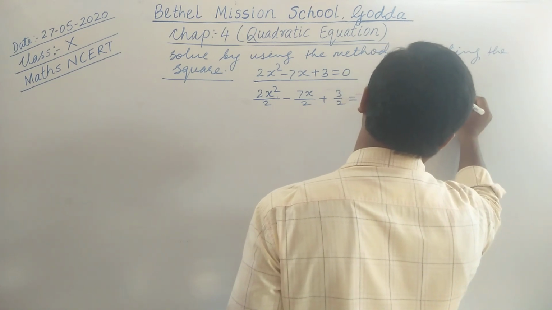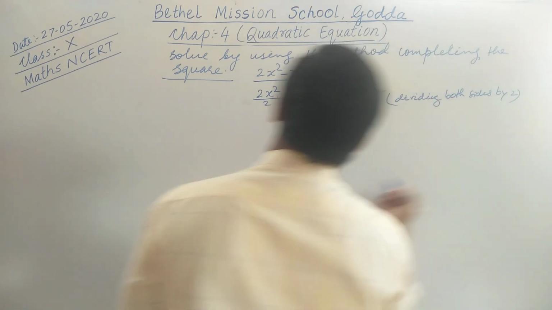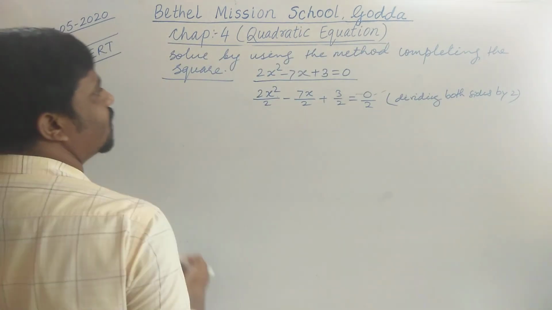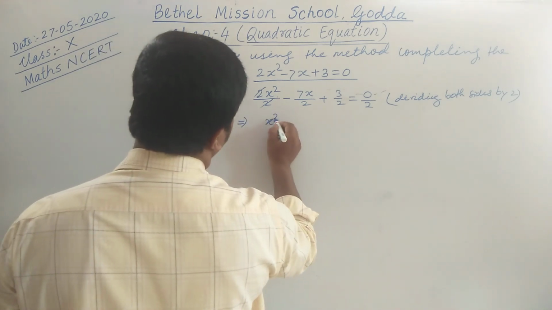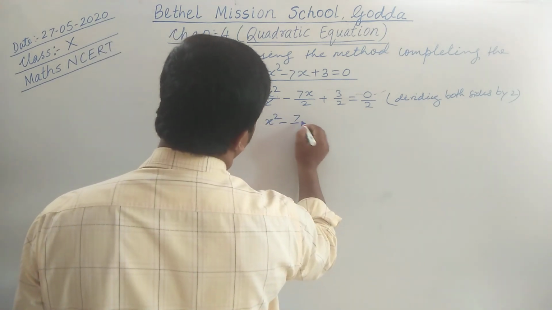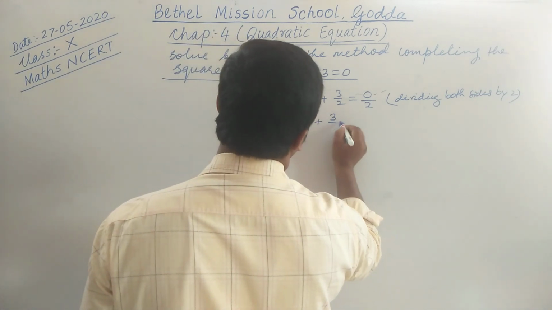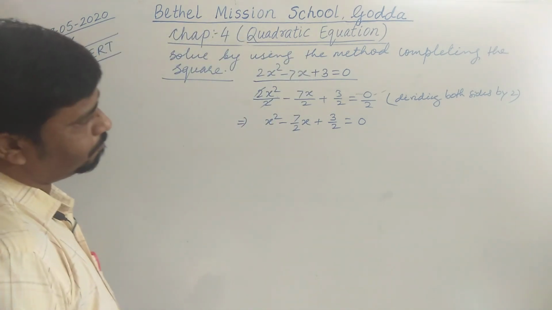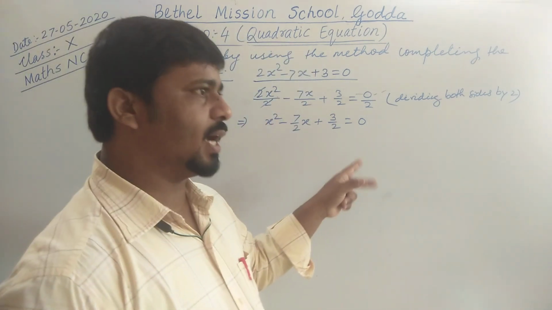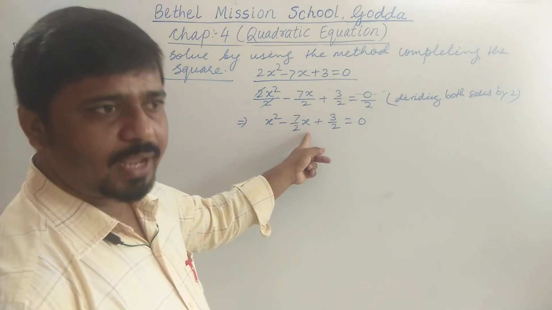Dividing both sides by 2, because 2 is the coefficient of x². So we get x² − (7/2)x + 3/2 = 0. Another step is we add to both sides the square of half of the coefficient of x.